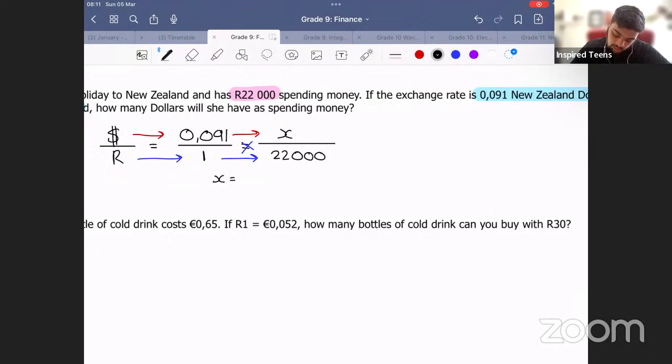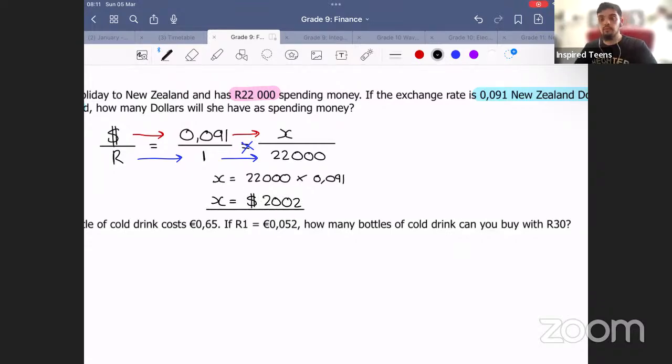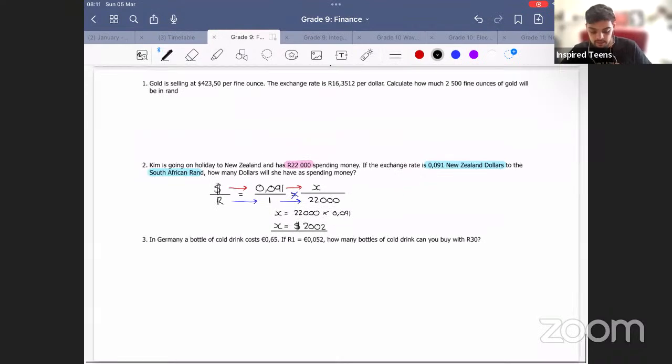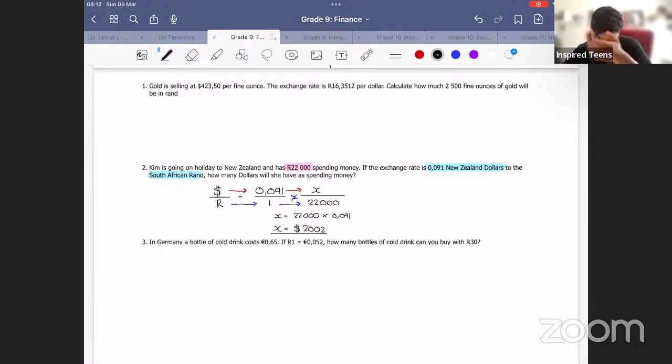On this side, I get X. On this side, I get 22,000 Rand times 0.091. And I get X as $2,002. Okay, so I hope it's making sense. We just need to cross multiply.